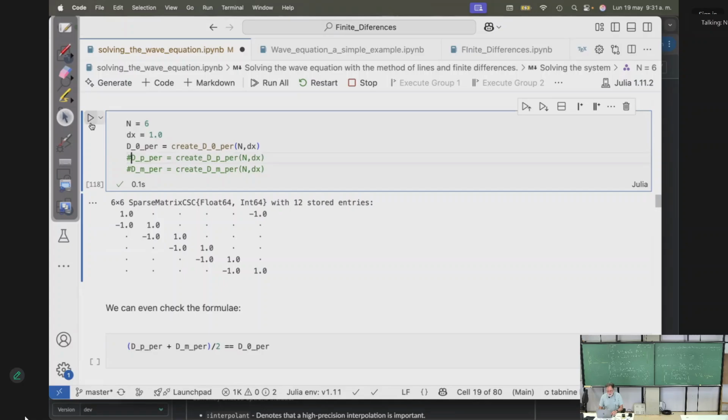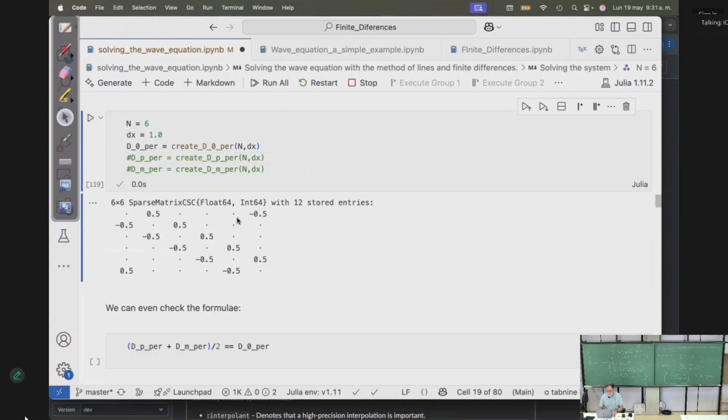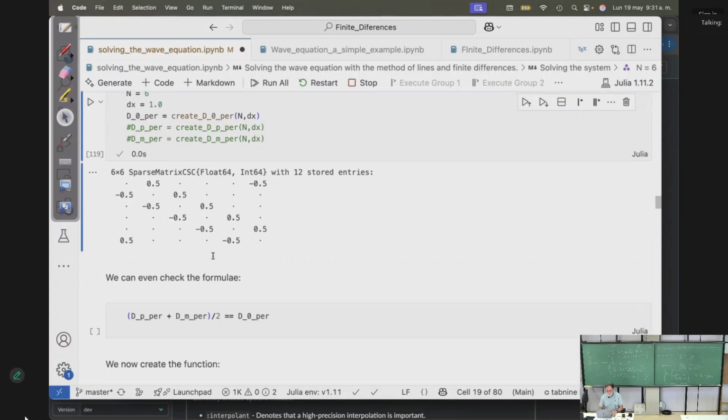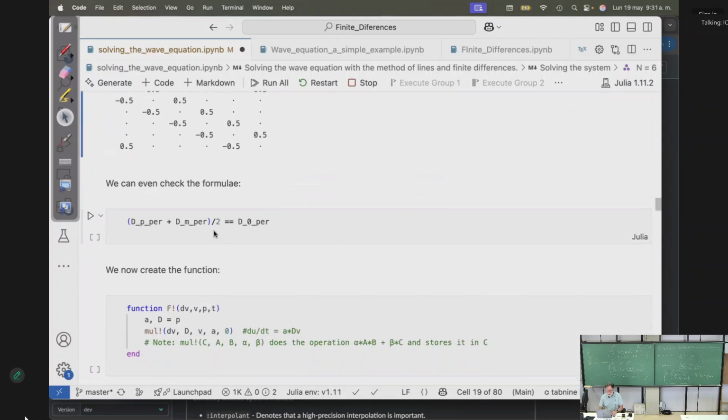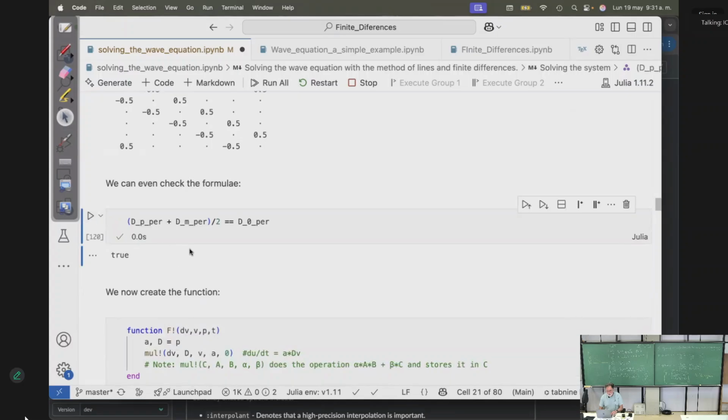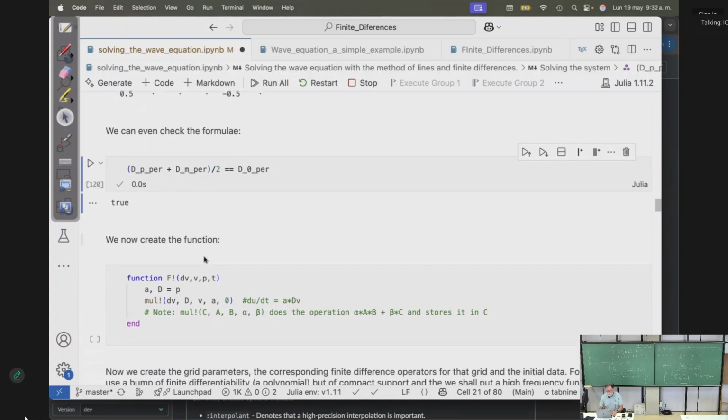This is the first one. And you can check the formula, for instance. You can check that if you do d plus, d minus, and divide by 2, you get this, and it says that this equality is true.